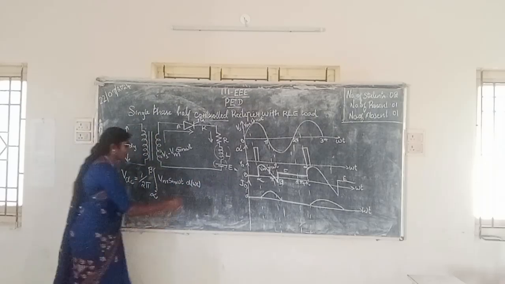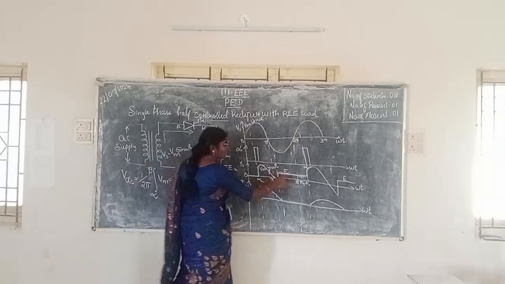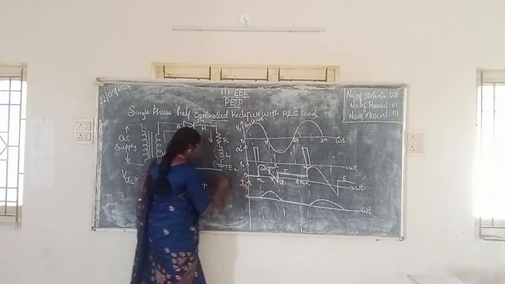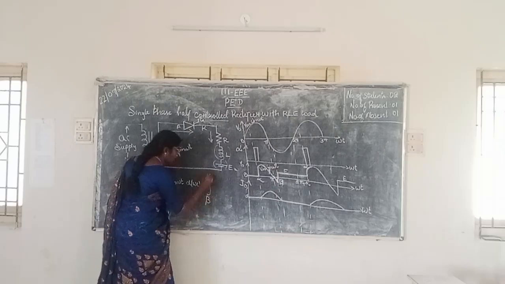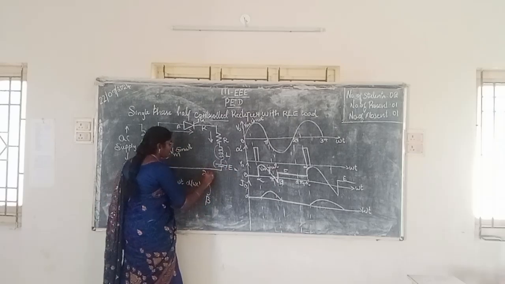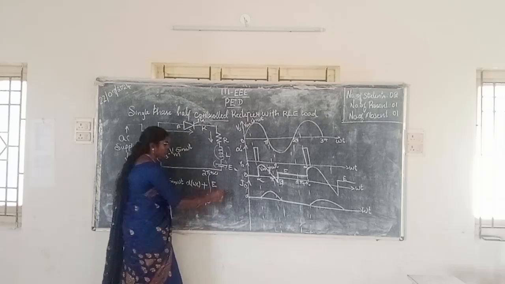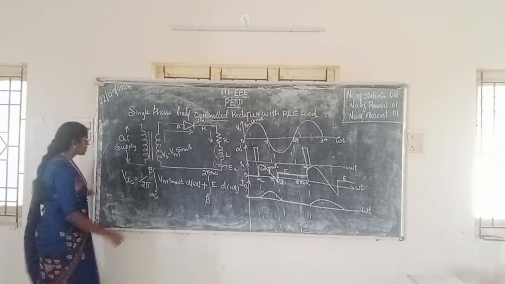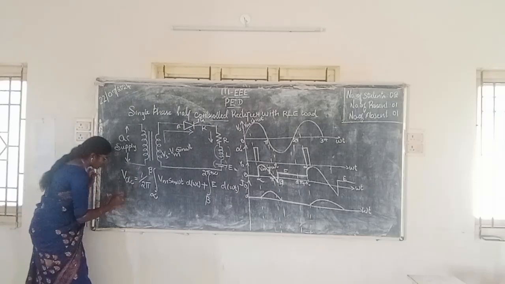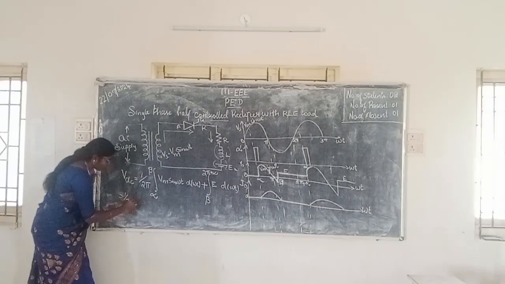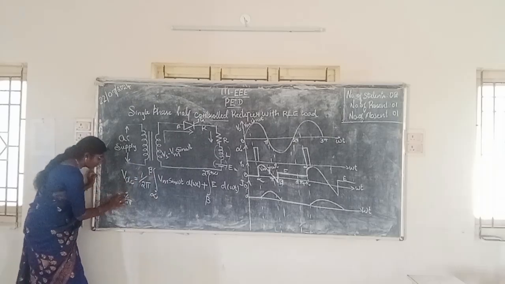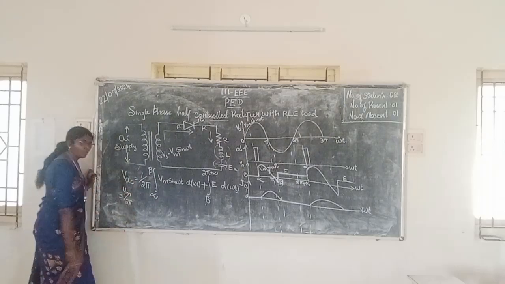Along with that, who is there? One more, the battery is there, right? So the battery acts from beta to 2 pi plus alpha. Who is there? E, with respect to omega t, d omega t. Now shall we take the integral? The constant is 1 by 2 pi. If I take Vm outside as a constant, it is Vm by 2 pi.